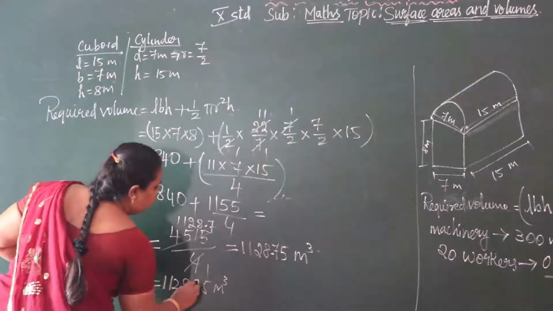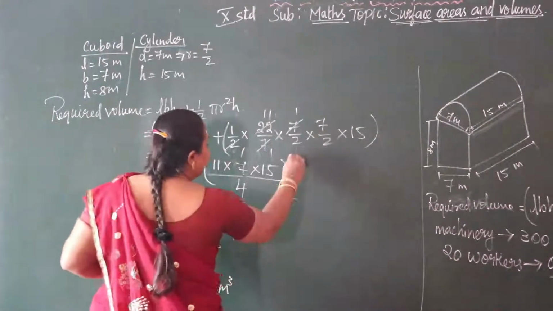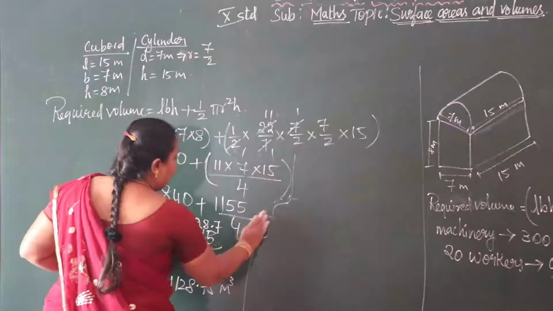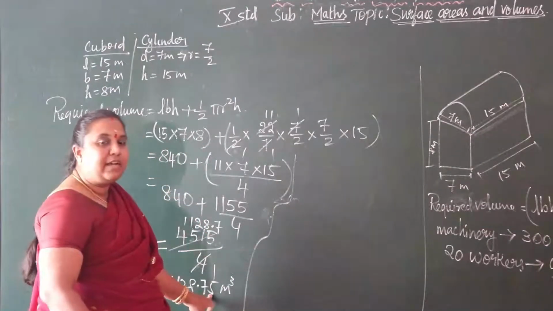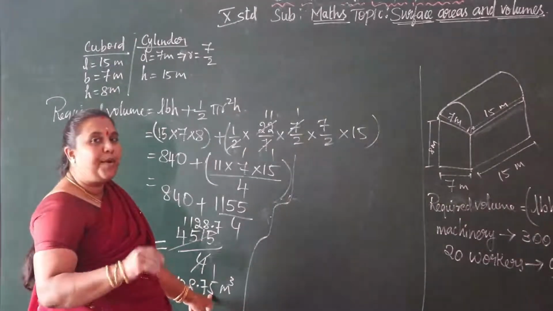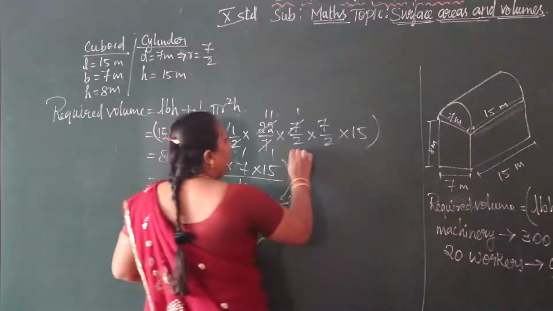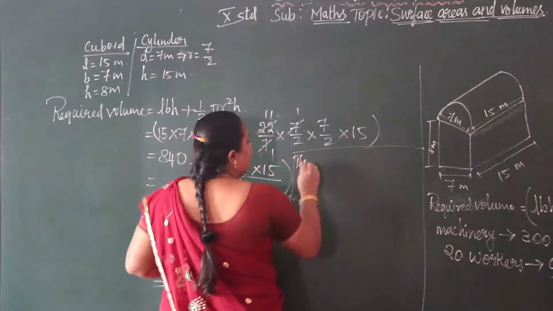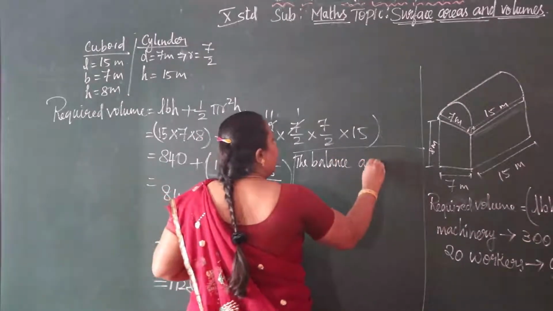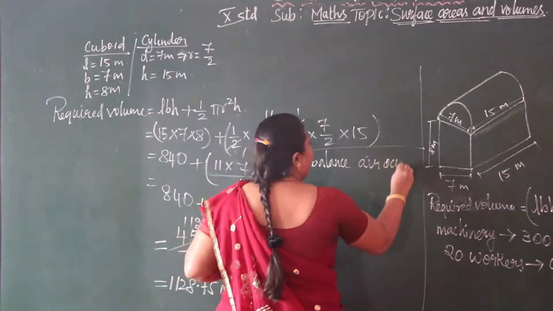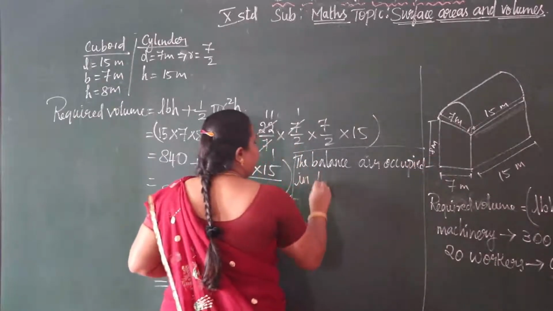So the total air occupied is the balance air occupied in the shed.